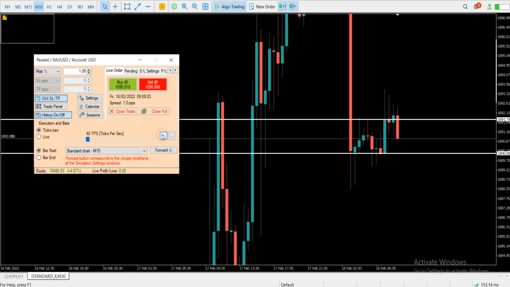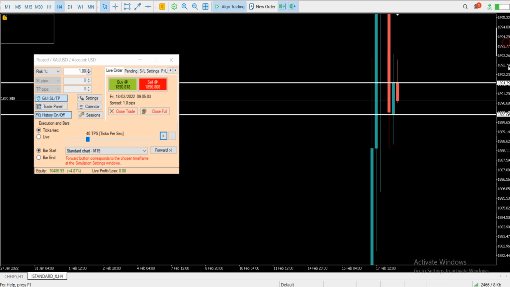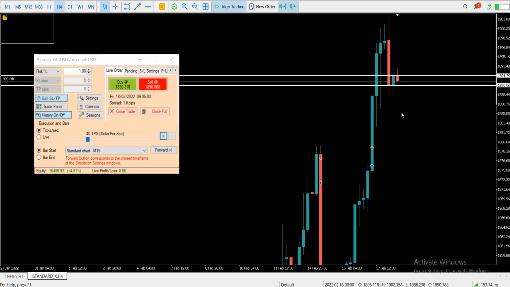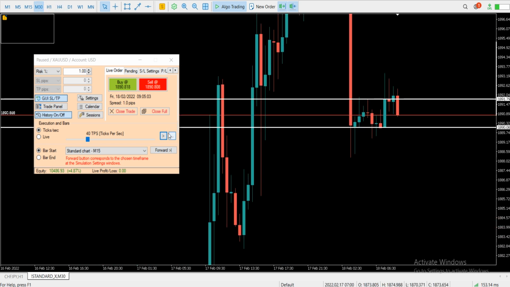Maybe my idea about the 4 hour could be wrong. Maybe it has to go further down till this area and then go up, right? That can also happen. Yeah, this candle can go down, maybe tap this zone and then go up. Possibly, yes, that could also happen.